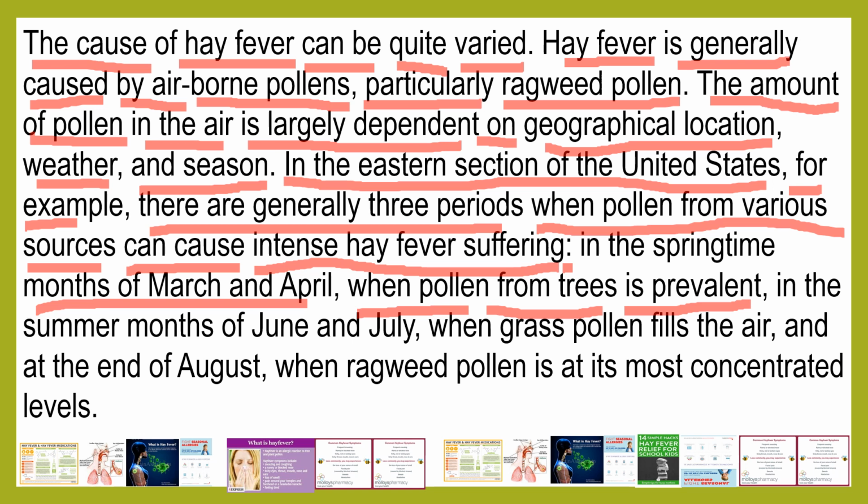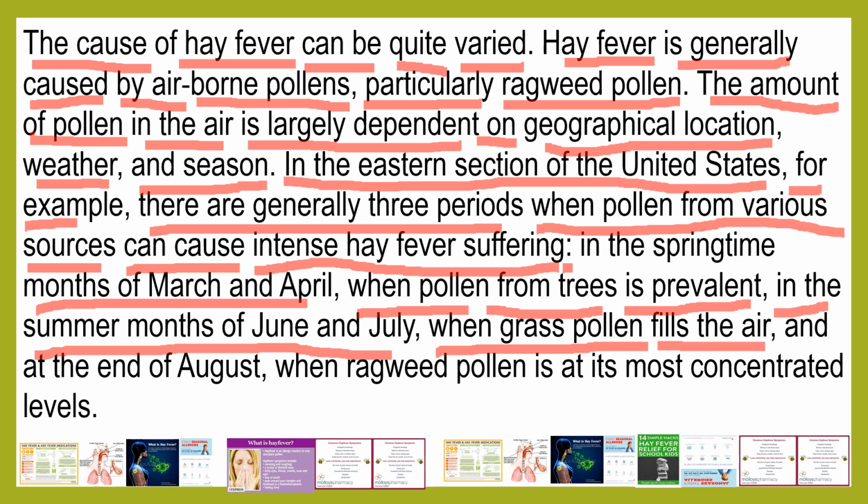In the summer months of June and July, pada bulan-bulan musim panas, yaitu pada bulan Juni dan Juli, when grass pollen fills the air, ketika serbuk sari dari rerumputan memenuhi udara.